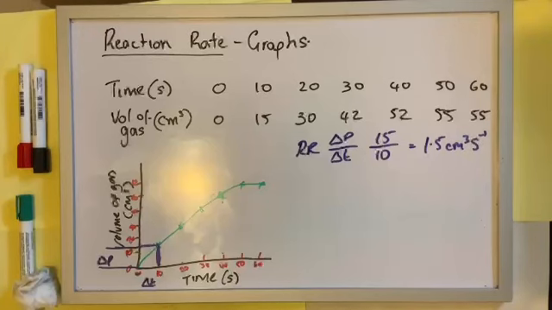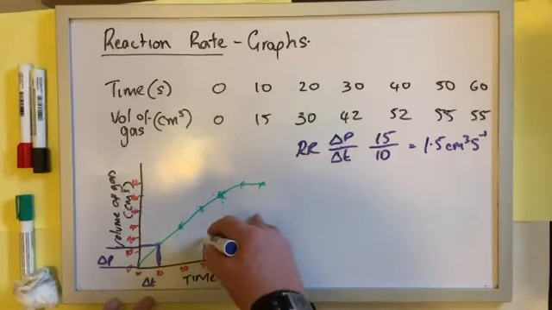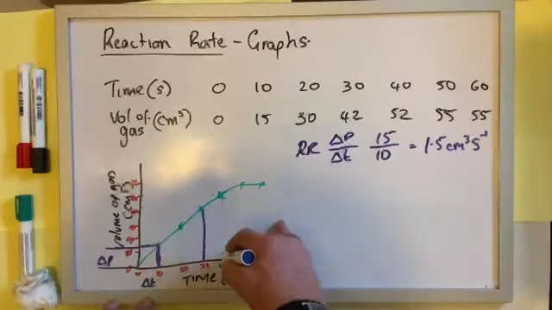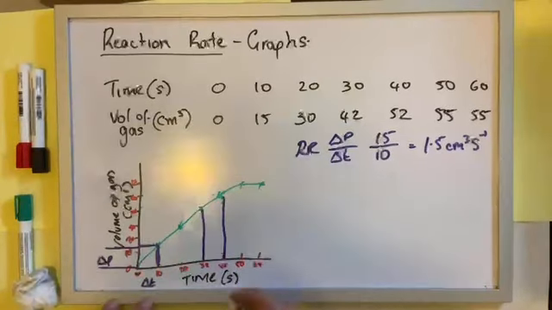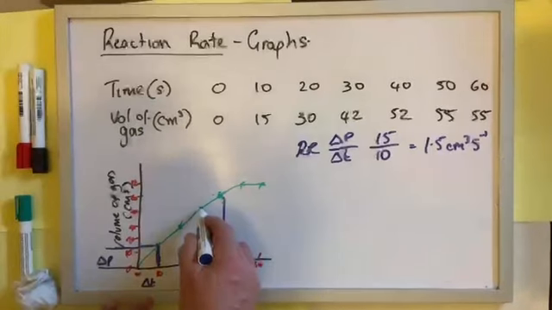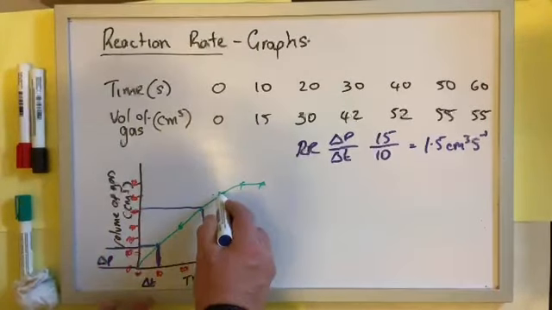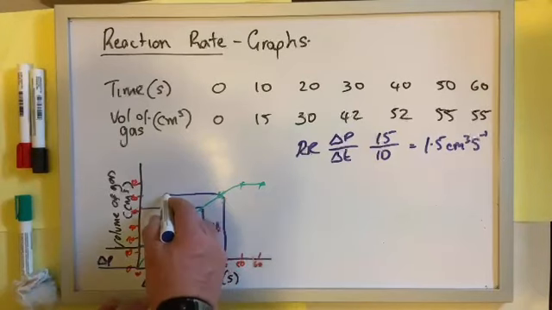If we wanted to find the reaction rate between 30 and 40 seconds, we do exactly the same. Line up at 30, line up at 40. That is our delta T. Follow the lines across. 30 is 42, 40 is 52.